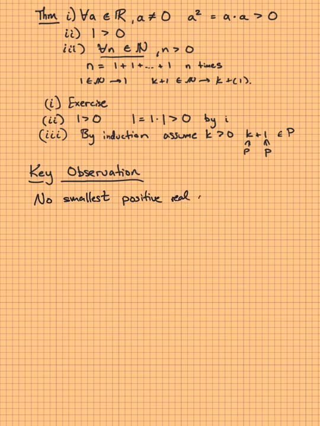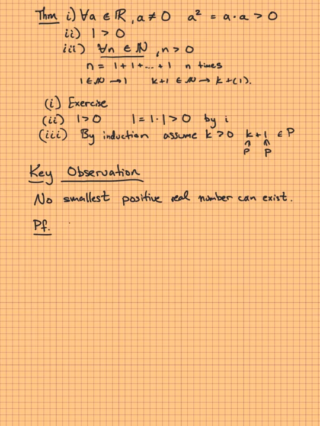So no smallest positive real number can exist. In other words, you give me any real number, I'm going to find some real number which is positive and less than it. Okay? So here's the proof.